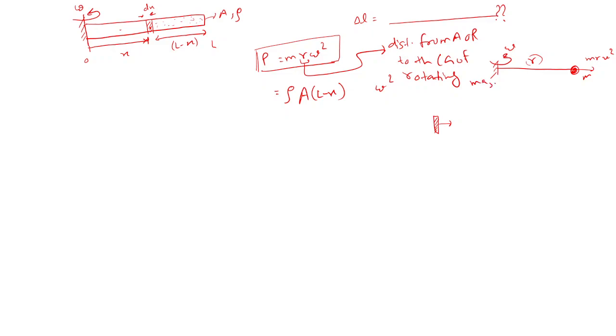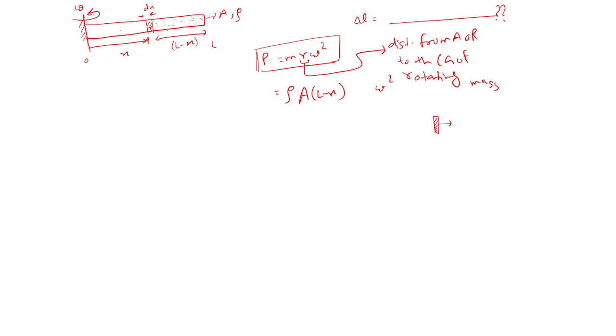Now somewhat clear what we have to take? Yes, sir, would it be L minus x by 2? What is the rotating mass? L minus x part is the rotating mass, right?